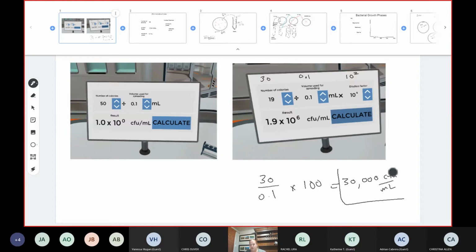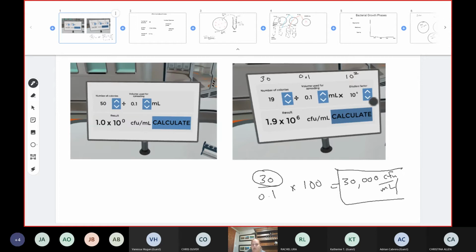So instead of a plate with 30,000 bacteria growing on it, which is what we might have gotten if we did our stock solution, our plate has 30 colonies on it in a countable range, and we can calculate that this was the original concentration of our stock solution. And that is what you would need to set up this equation if you were asked a question about calculating with a dilution factor versus just calculating with your volume and your number of colonies.